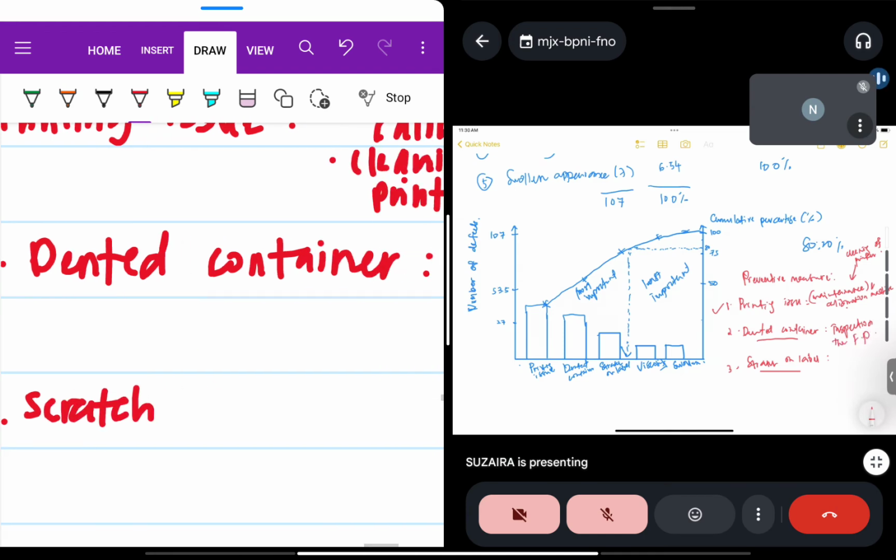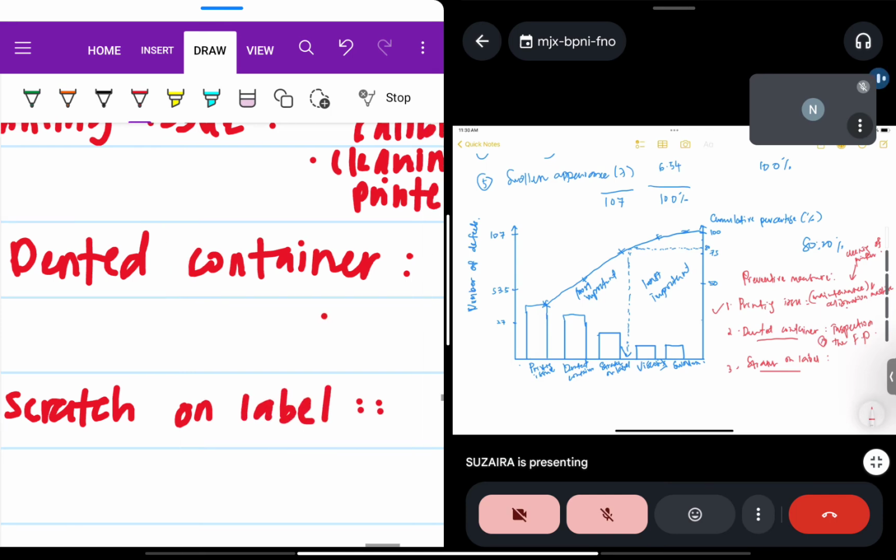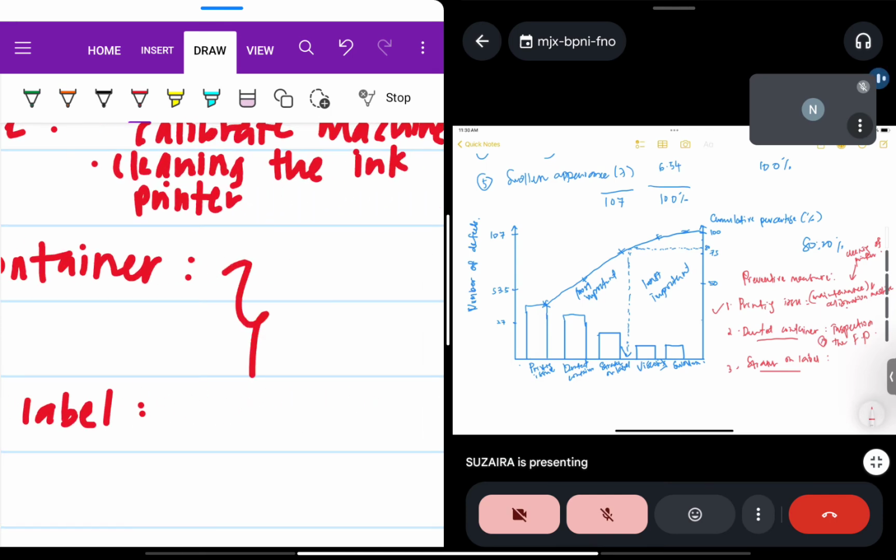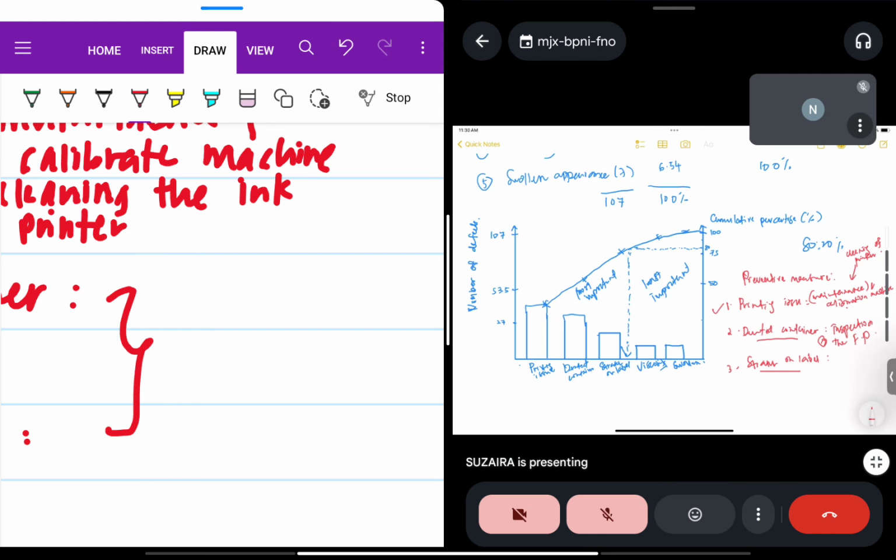And the other one, probably in terms of the operator: improve handling during production.